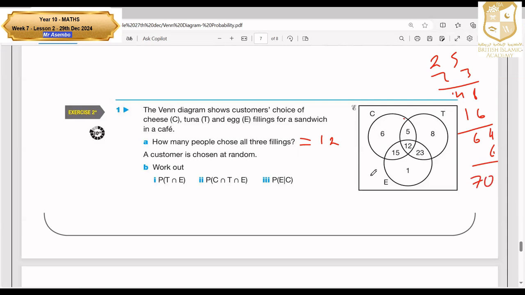So it means they had a total of 70 customers in that particular restaurant, in that day.